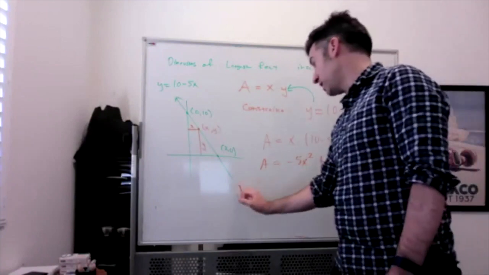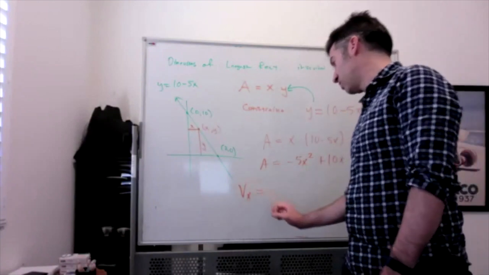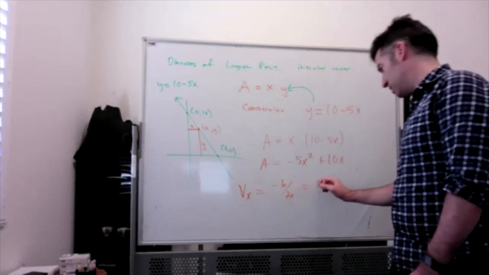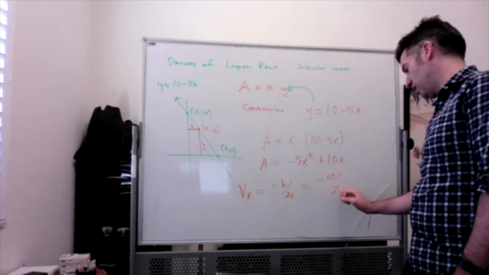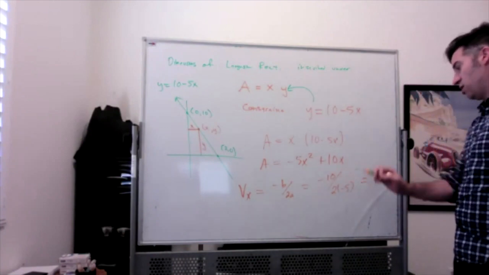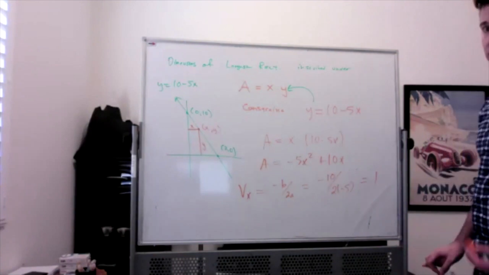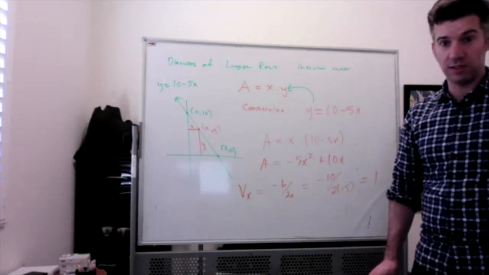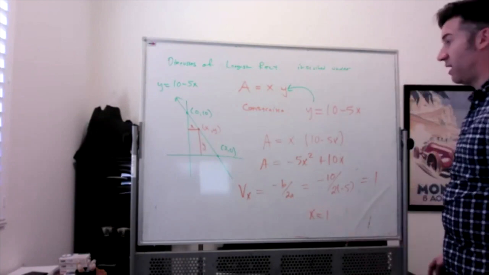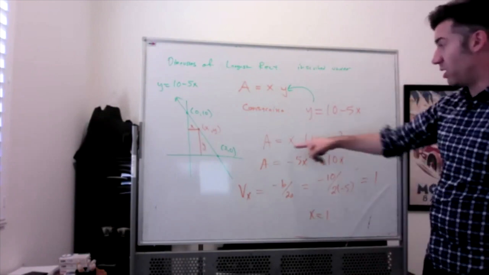So to find the vertex, the x-coordinate of the vertex is negative b over 2a, which is negative 10 over 2 times negative 5, which is negative 10 over negative 10, which is 1. The problem said to find the dimensions. We found x equal to 1. To find y, we're not plugging in 1 here.